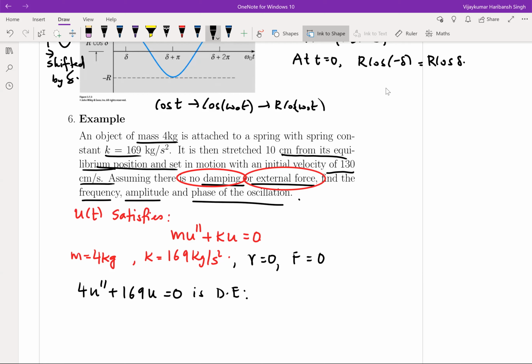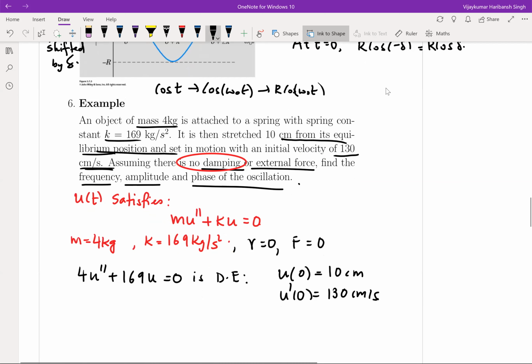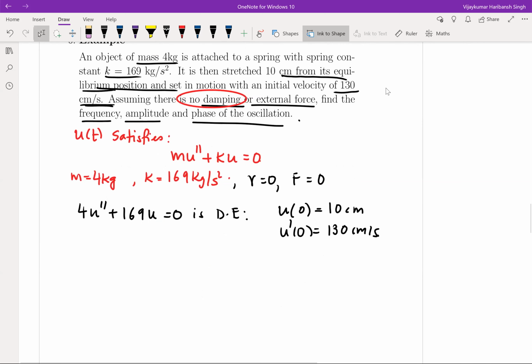So your initial displacement is going to be 10 centimeters and initial velocity is 130 centimeters per second. So u prime of 0 is also provided to you, 130 centimeters per second. Now you have everything you need. We can go ahead and solve this differential equation. So that's the first step, to find the differential equation.